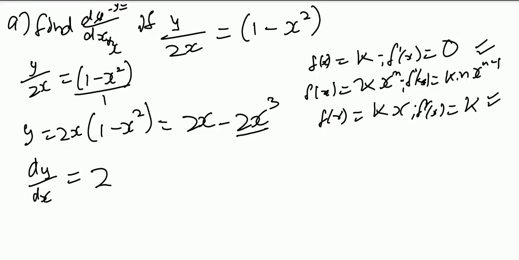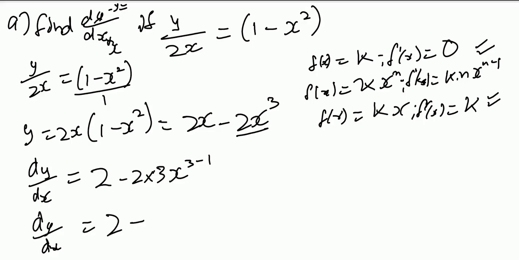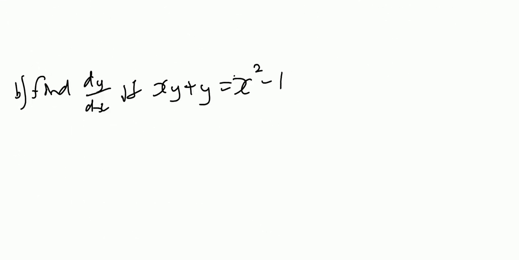That means f prime x is k multiplied by n, which is negative 2 multiplied by 3, x to the power n minus 1, which is 3 minus 1. Then dy over dx will be 2 minus 2 multiplied by 3, which is 6, x to the power 3 minus 1, which is 2. Then we are done. We go to the next question.